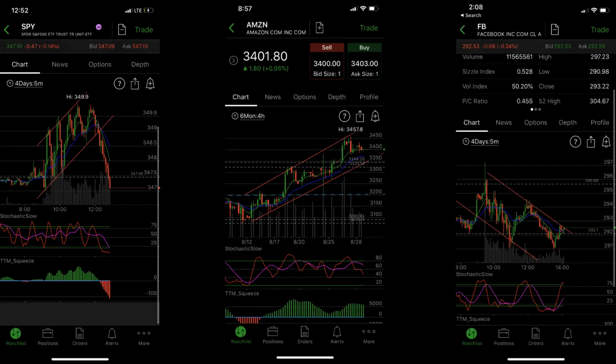But with wedges, this resistance line will be tilting up this way, or this support line will be tilting up this way, but they're not really touching each other. But they have the same concept as channels. We're just waiting for the break to get in our position.